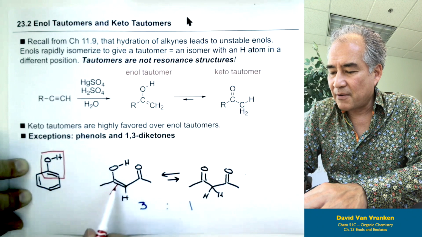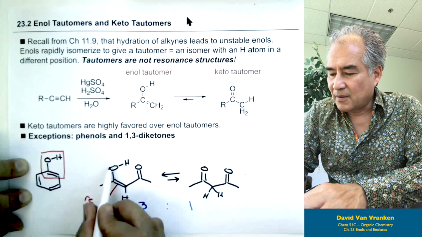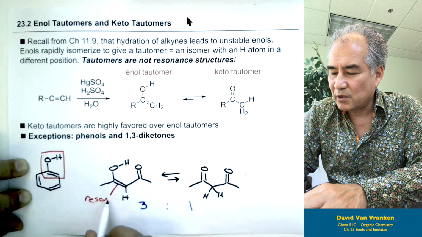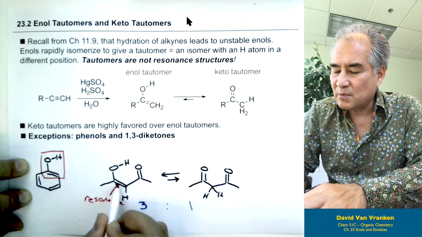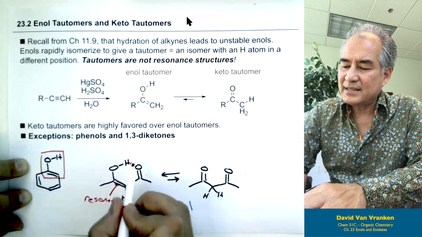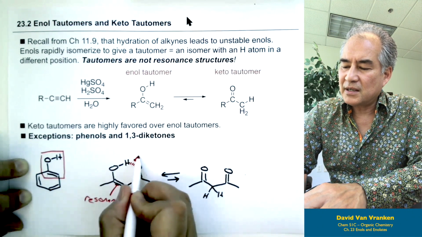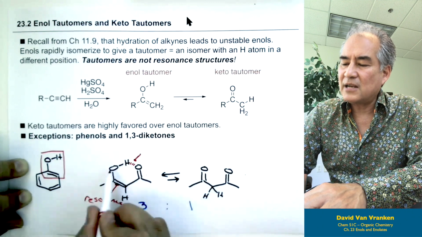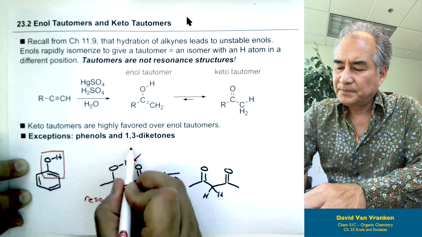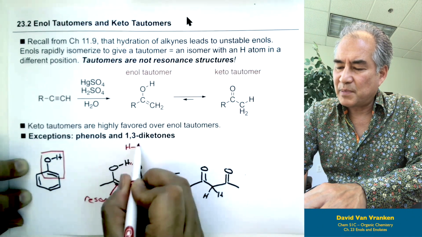I'm not going to draw all the arrows, but the lone pairs are donating into the carbonyl if I draw enough arrows. So I'll just write the word resonance there. That's one reason why this form is favored. The other reason is there's a stabilizing hydrogen bond in this enol form of this 1,3-dicarbonyl. So I'll just write the word H bond here.